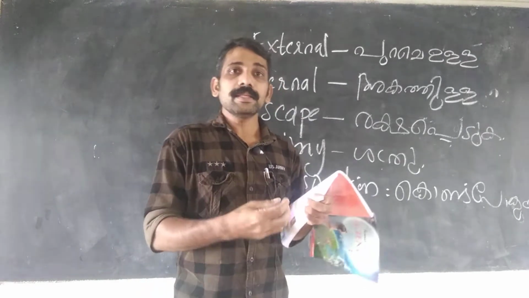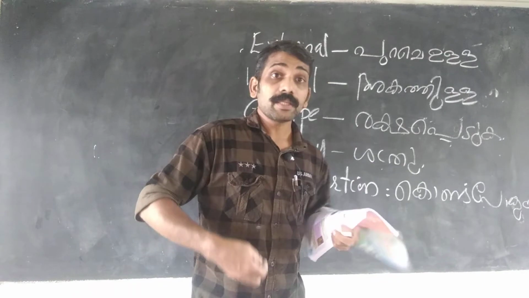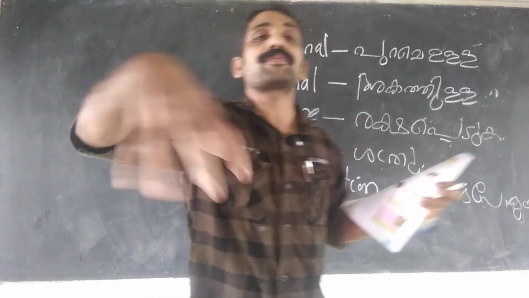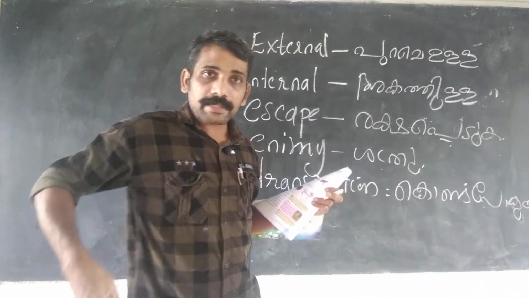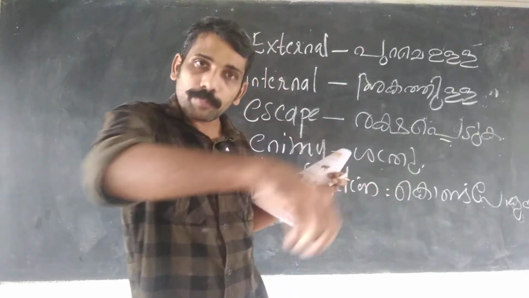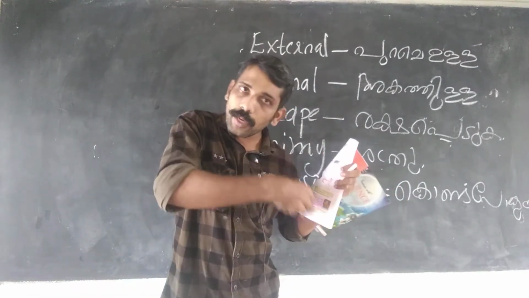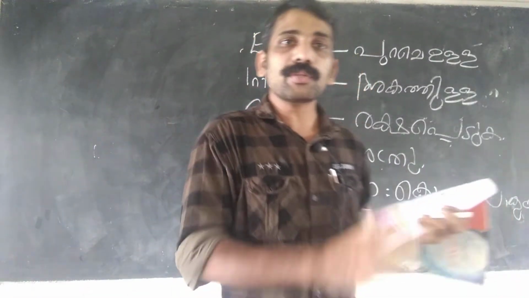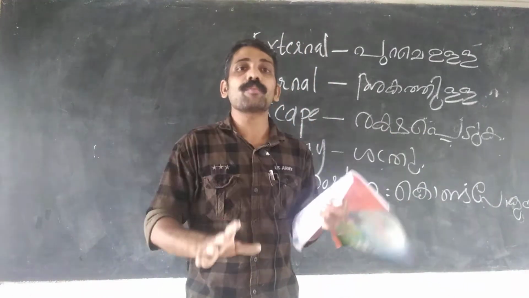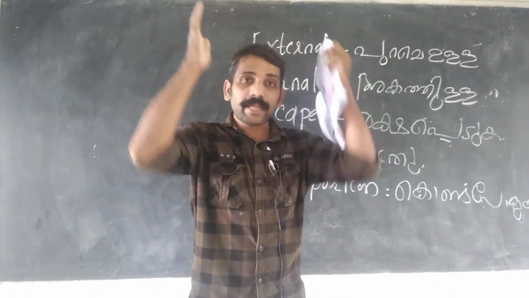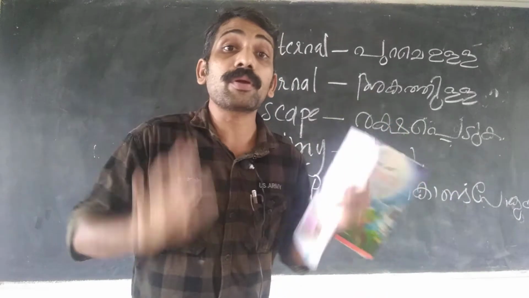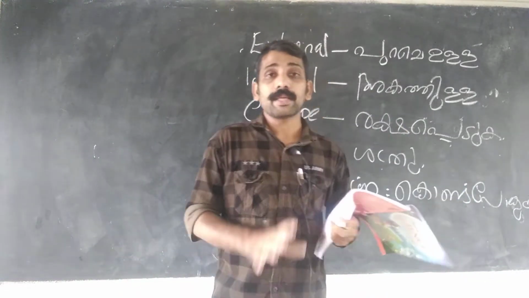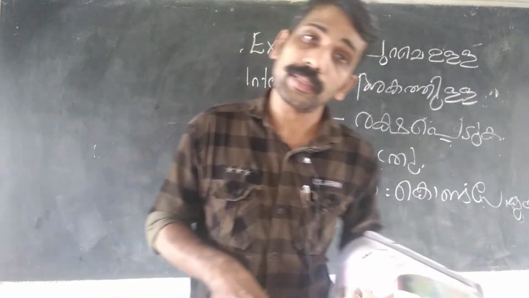So food in our stomach is carried to different parts of our body, blood is passed through different parts of our body, and water is passed through different parts of our body. These are all movements taking place inside our body.